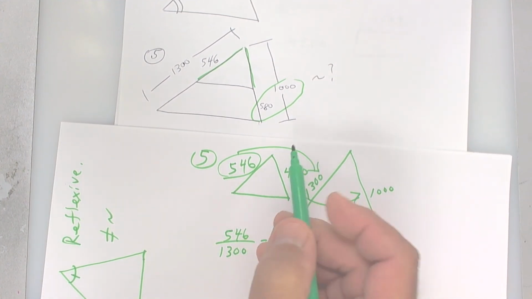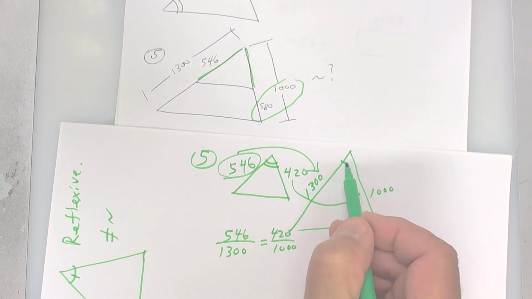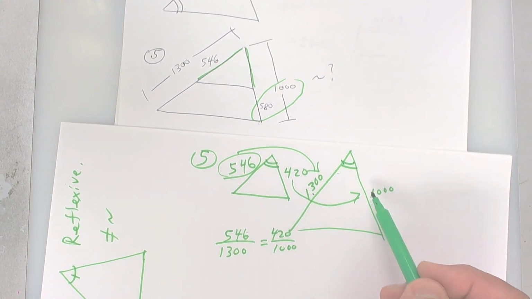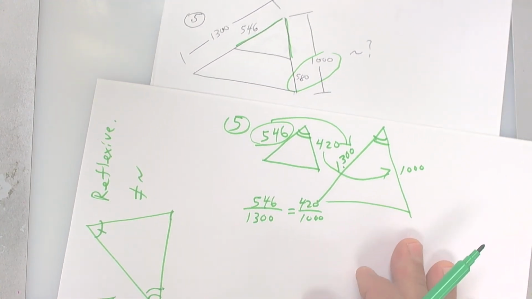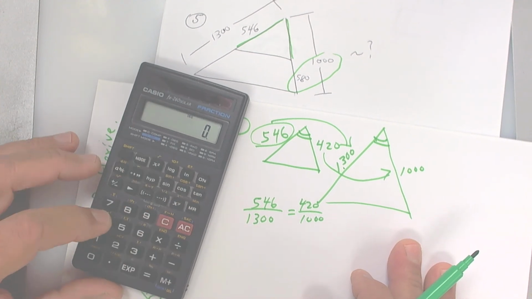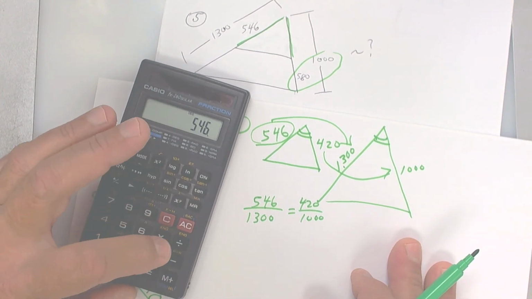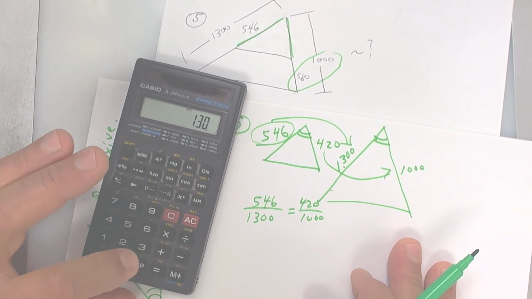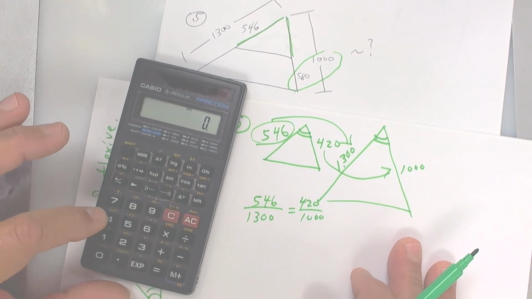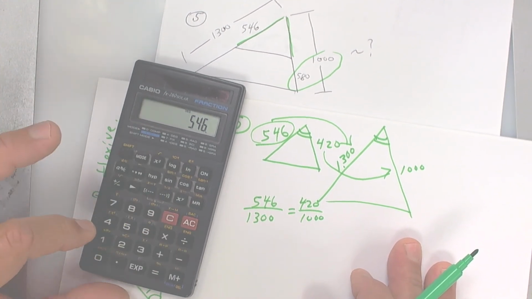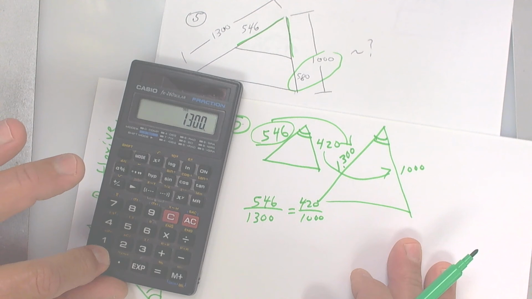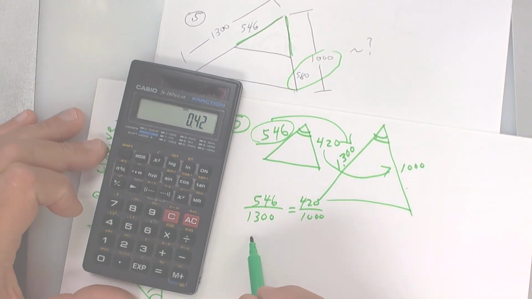And by the way, this upper angle here is the same as this one, so we're shooting for side angle side. So take your calculator, take 546 divided by 1,300, press equals. I get 0.42.